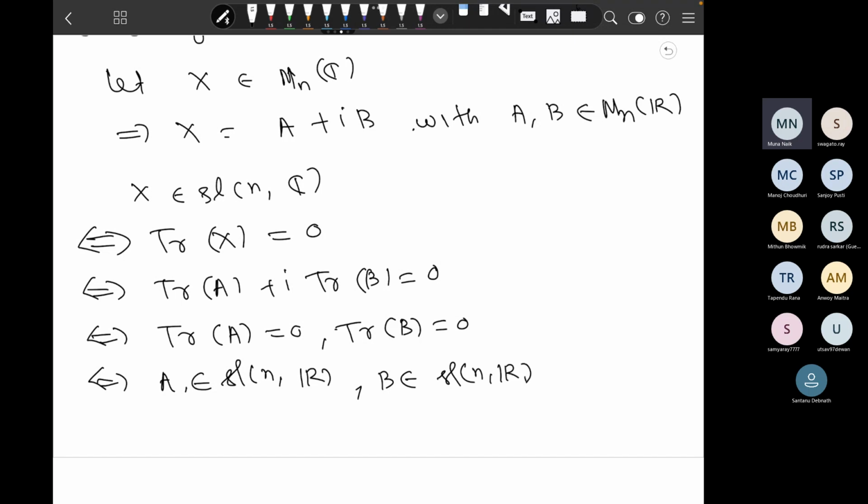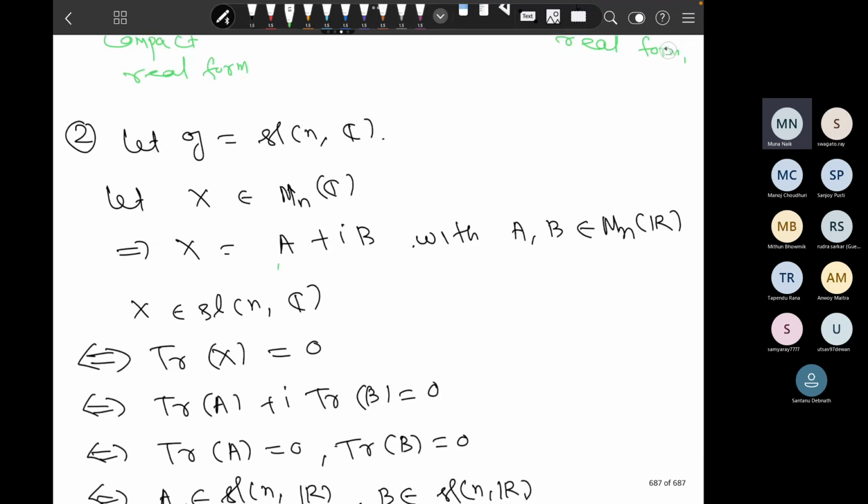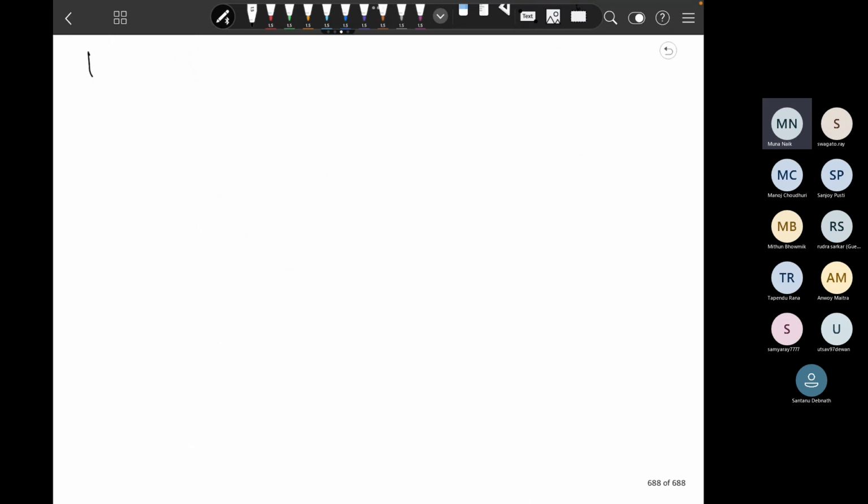So see, A belongs to SLNR and B belongs to SLNR. Hence we get something like this. Hence SLNC is really the complexification of SLNR.